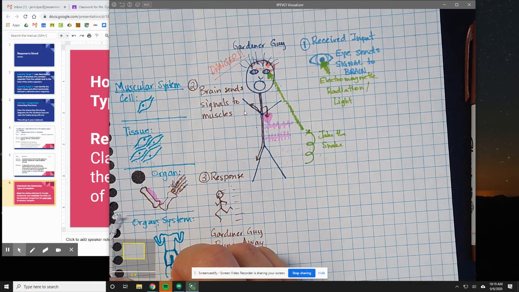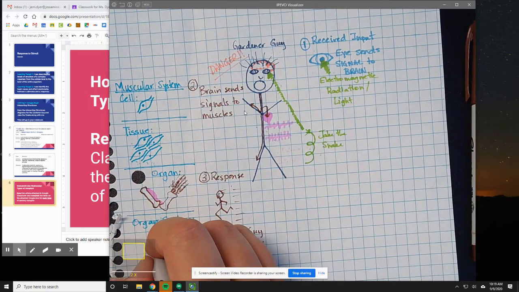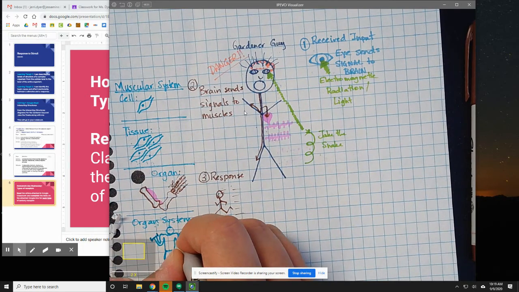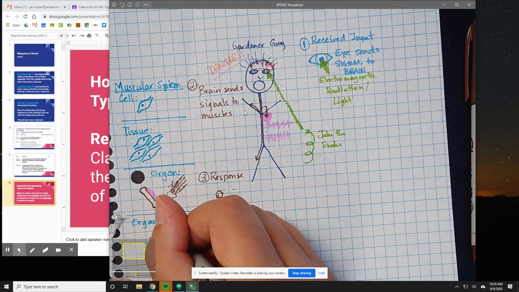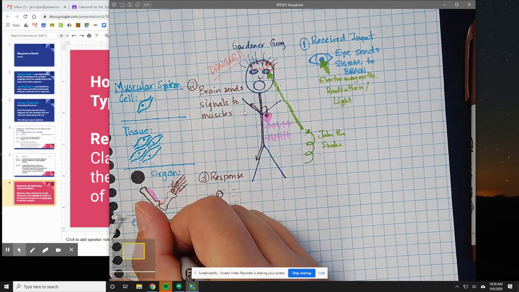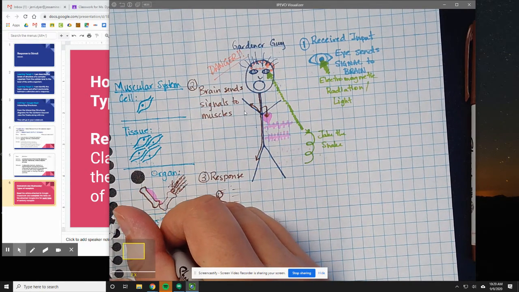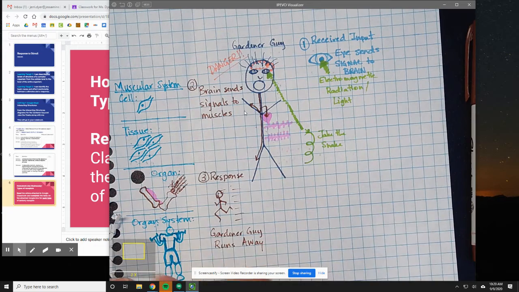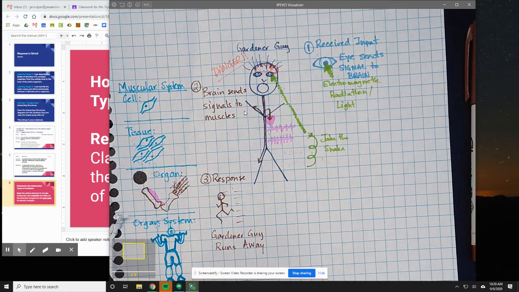Here's his shorts. Here's his shoes. Here are his barbells. And there's a shirt. Put that in. Okay, so throw his shoes in. Okay, so there's the muscular system.